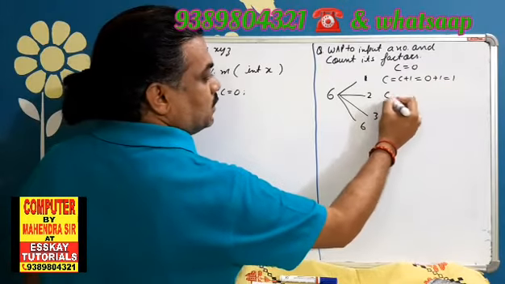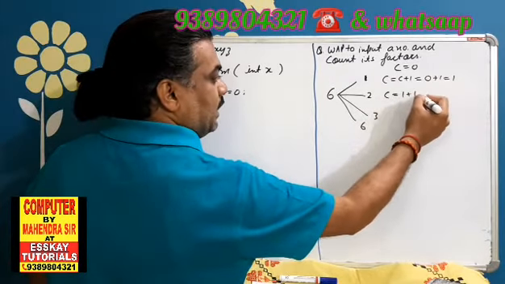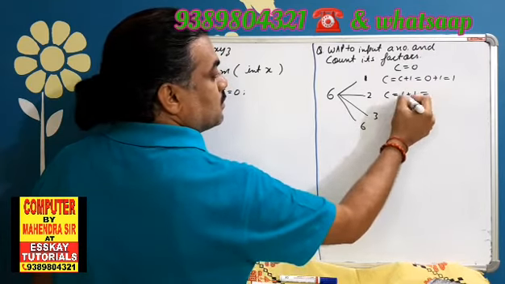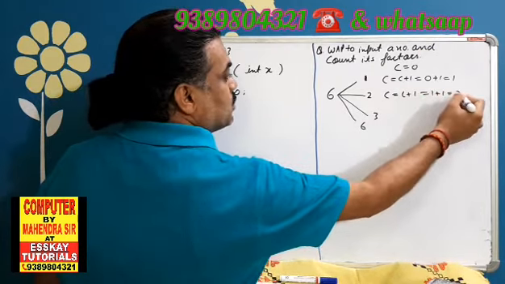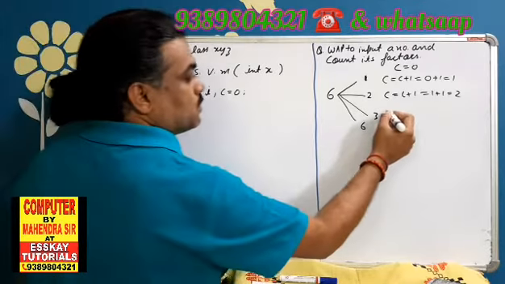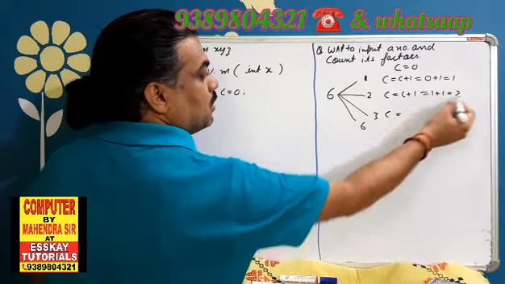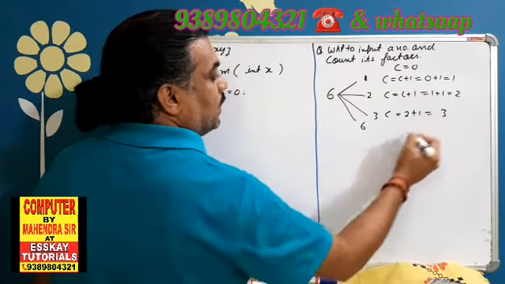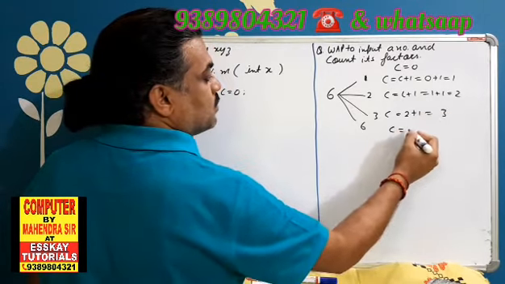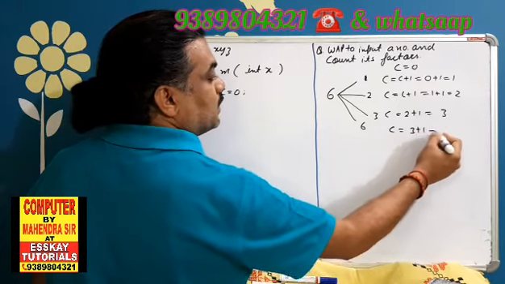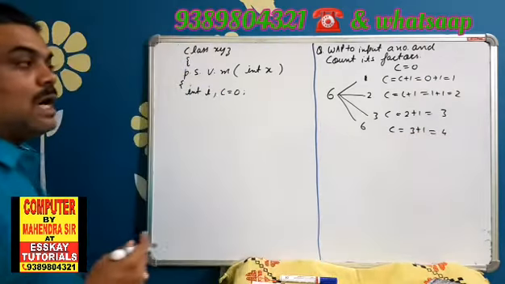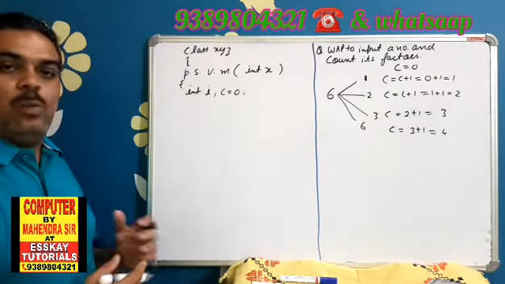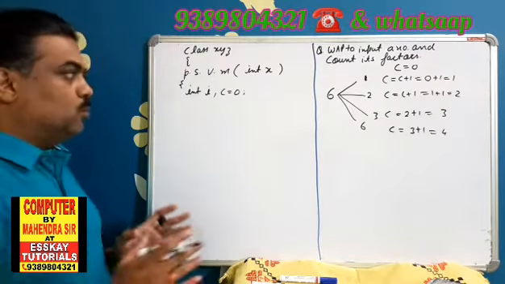Now the next counter, C is equal to 1 plus 1, that's 2. Now C is equal to 2 plus 1, that's 3. And next, C is equal to 3 plus 1, that's 4. So counter variables are those variables which increase 1 by 1 if the condition is true.